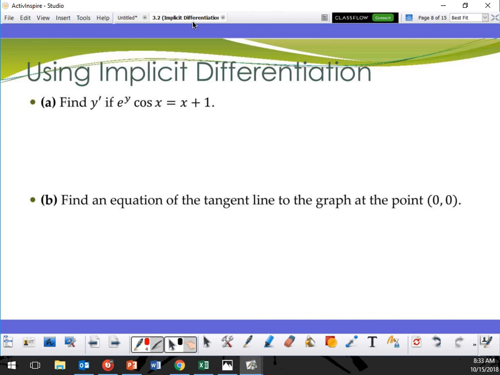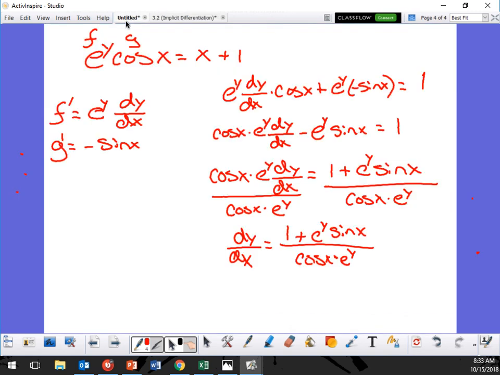here, let's go back to the question. Okay, find the derivative. Now find the equation of the tangent line to the graph at the point 0, 0. So now I have the thing, so it would be the point 0, 0. So let's see.